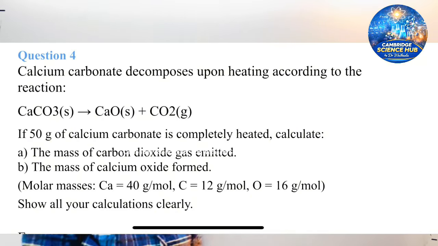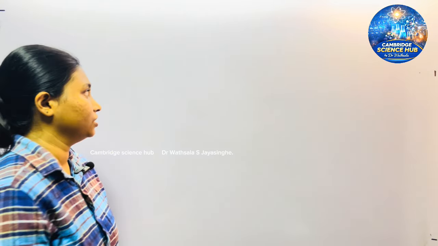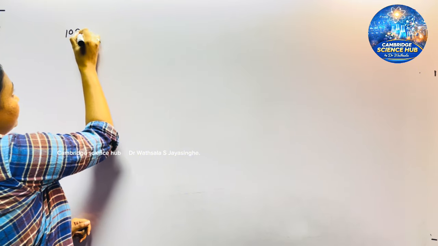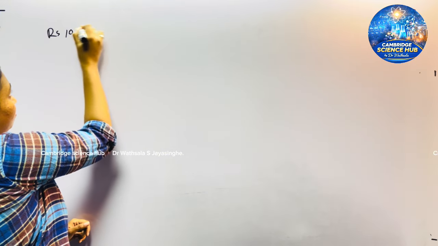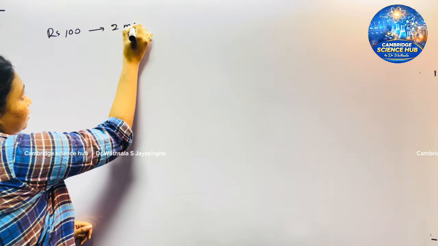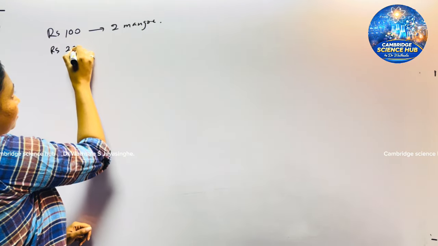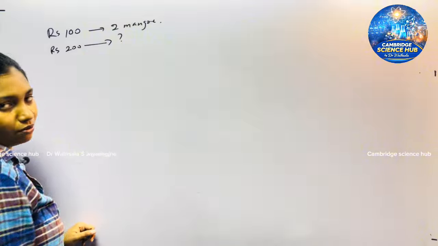I have already taught you these types of questions are like mango questions. That means sometimes they can tell you that for 100 rupees you can buy two mangoes, then for 200 rupees how many mangoes can you buy.